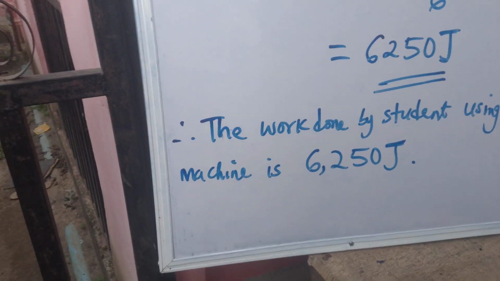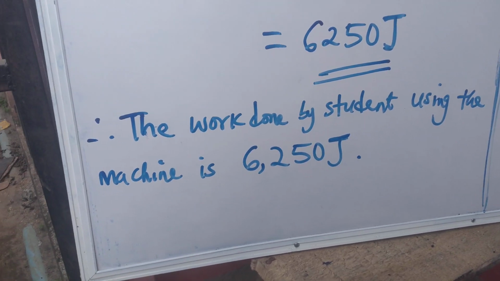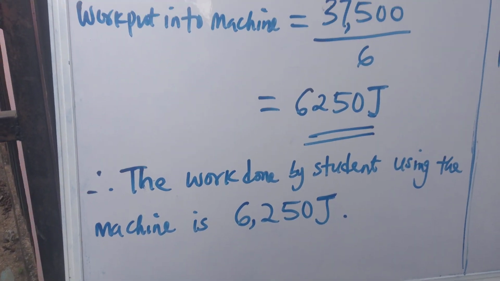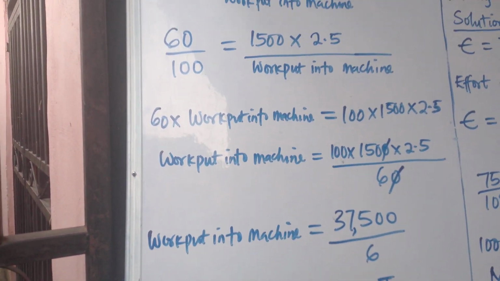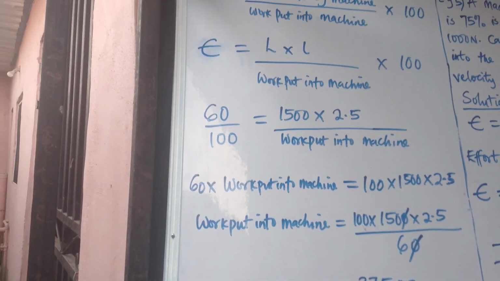Alright, so that is the work done by students using this machine, 6250 joules. Okay, so that's everything that we have solved there.